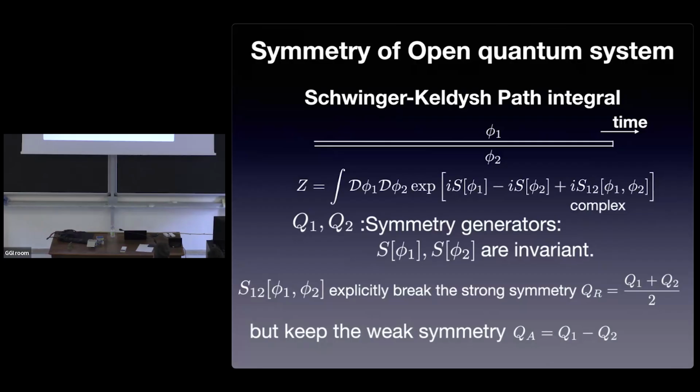The action from the left gives you the transformation of the phi 1 field, and from the right gives you the transformation of the phi 2 field. That is the strong symmetry transformation. This action is invariant under the strong symmetry transformation.